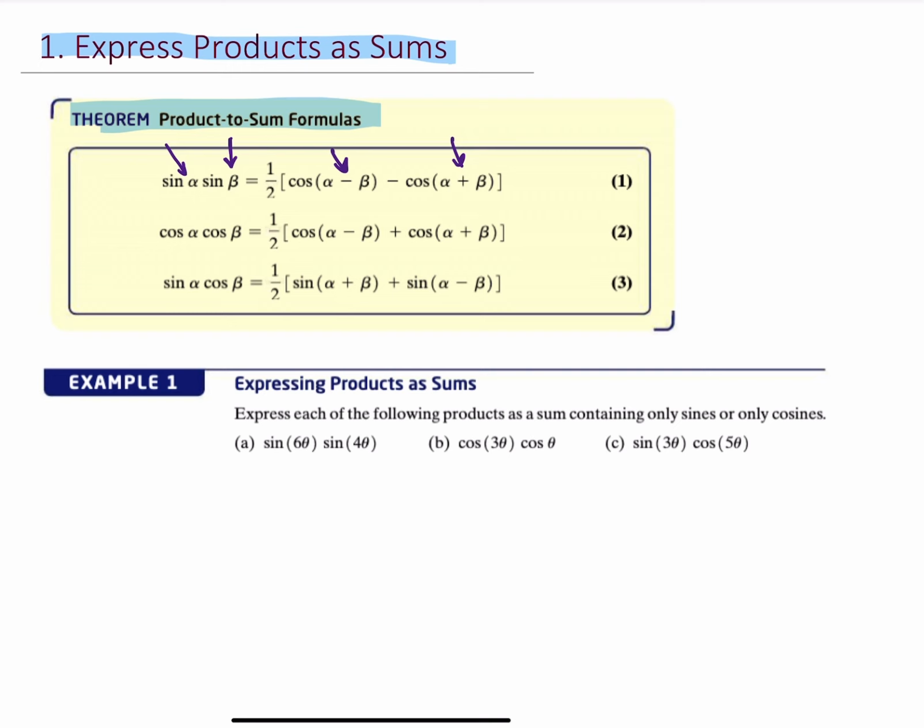And we can do that also with the cosine of some product. So cosine of alpha times cosine of beta can equal 1/2 cosine alpha minus beta plus cosine alpha plus beta. Or we have a similar one for sine of some angle times cosine of another angle.